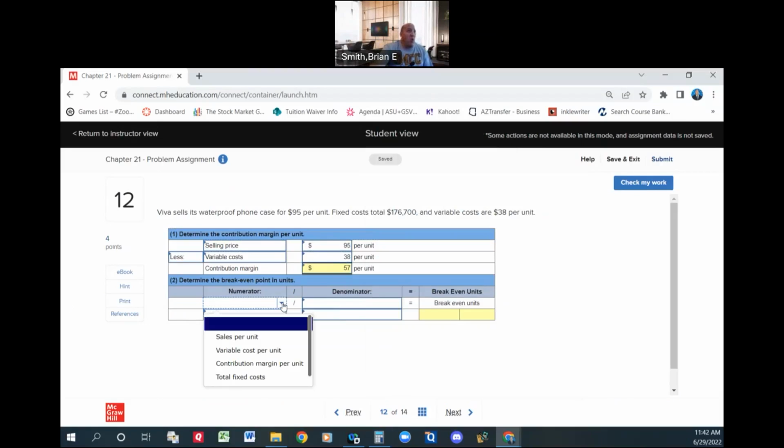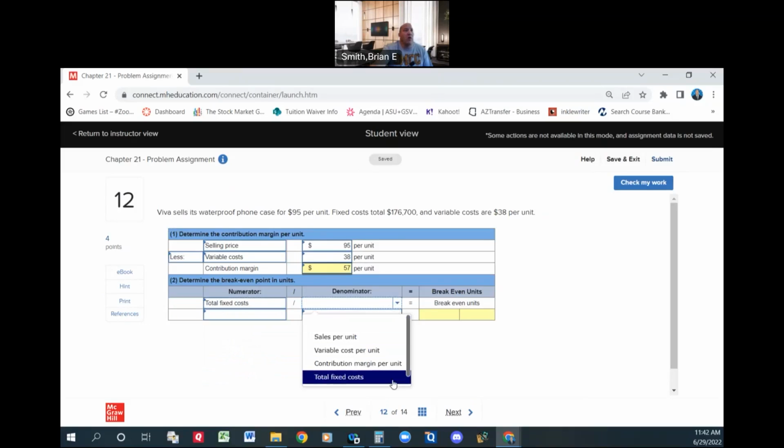Determine break-even point in units. All right, so what we're going to do is take our total fixed costs and divide it by our contribution margin per unit.